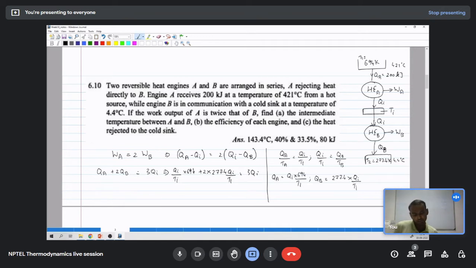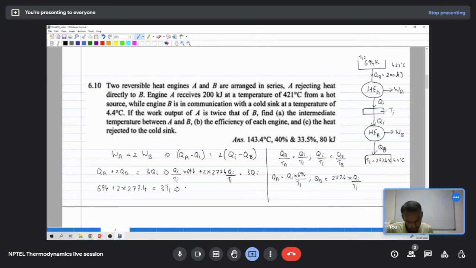So I can divide the whole equation by QI, then multiply with TI, then I would get 694 plus 2 into 277.4 is equal to 3 TI.